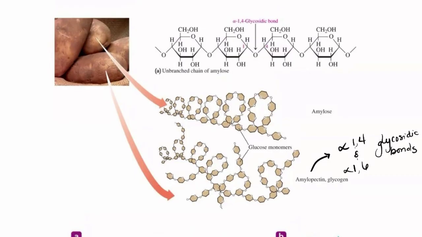The alpha 1,6 glycosidic bonds are going to be specifically at the branches, because one of the special features that amylopectin has is that not only does it have this helical form because of its alpha 1,4 glycosidic bonds, but it also has branches that are alpha 1,6 glycosidic bonds.